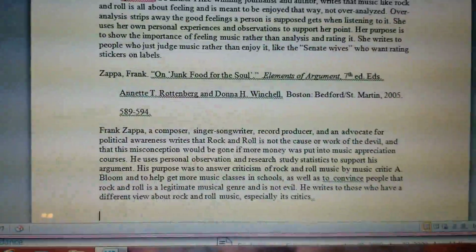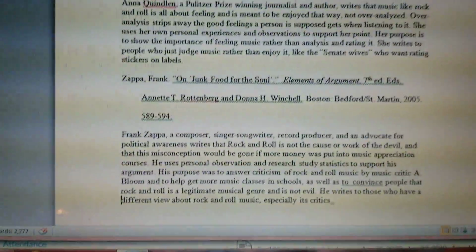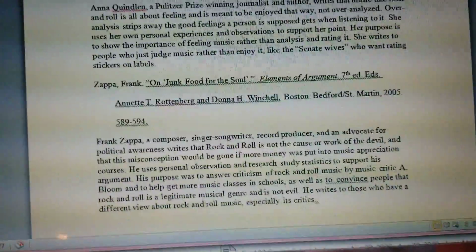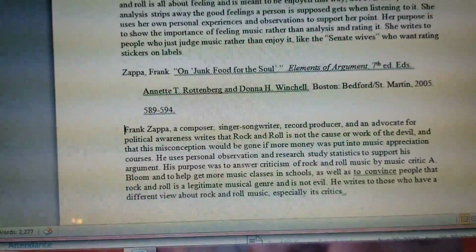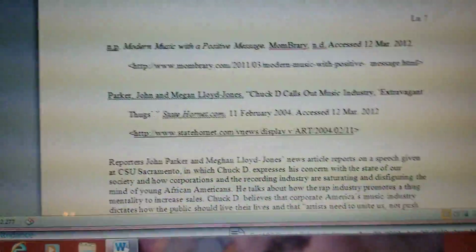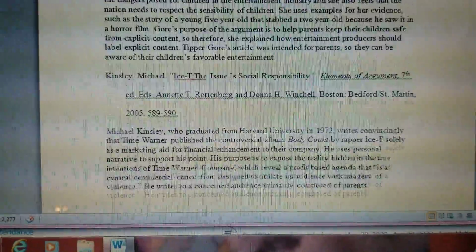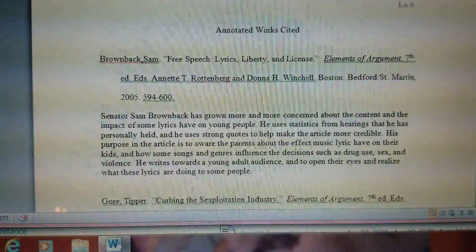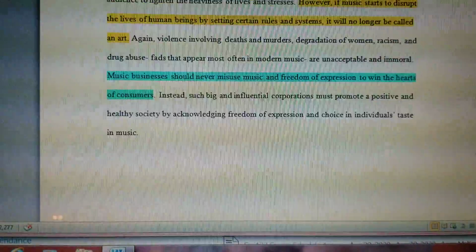So, again, looking at this essay, it is in the file folder. For those of you that want to write about something different, but even if you don't want to write about music, the structure of her argument is a good claim of value.